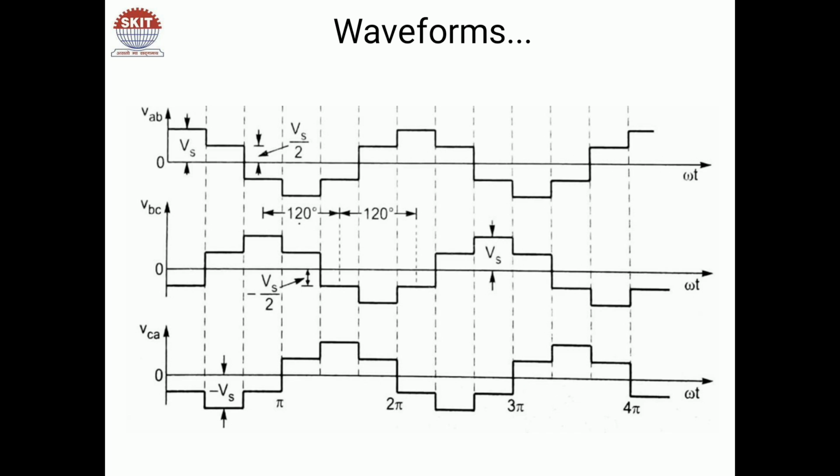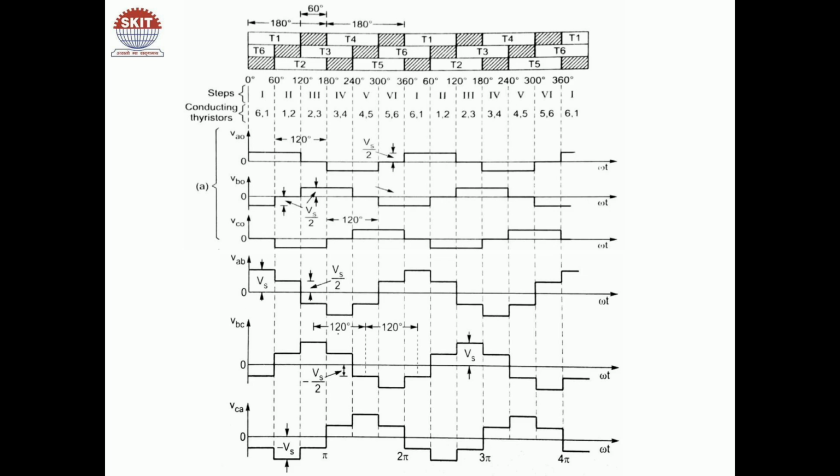So this is the line voltage waveform, and this is the combined waveform of phase voltage and line voltage and conduction cycles all together. This is the line voltage VAB, that is VA minus VB.